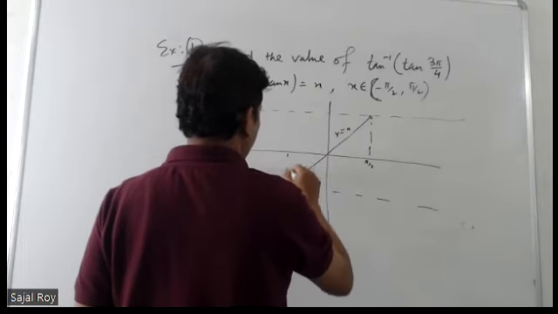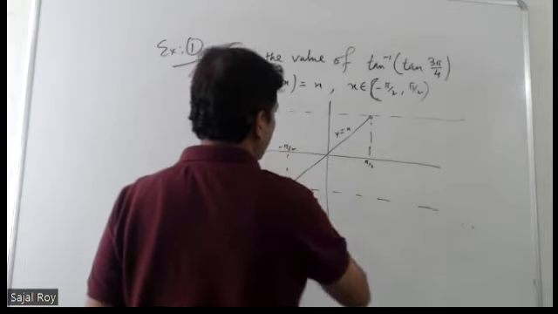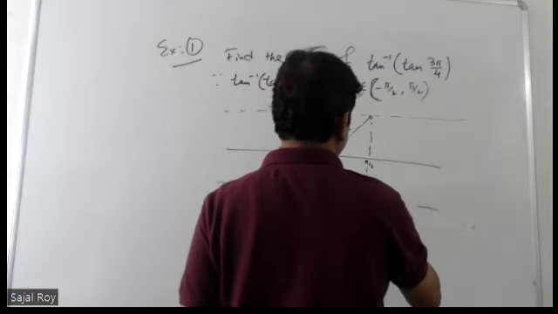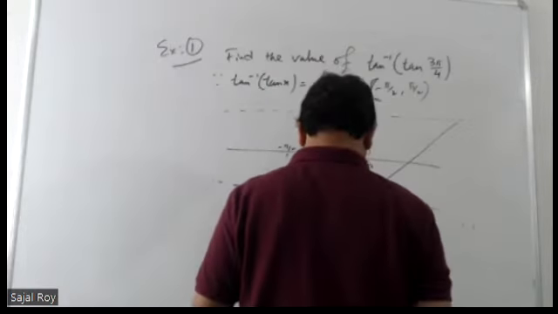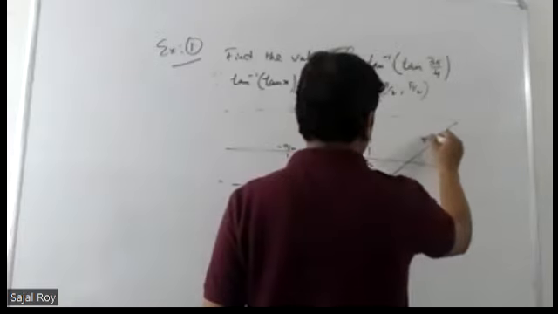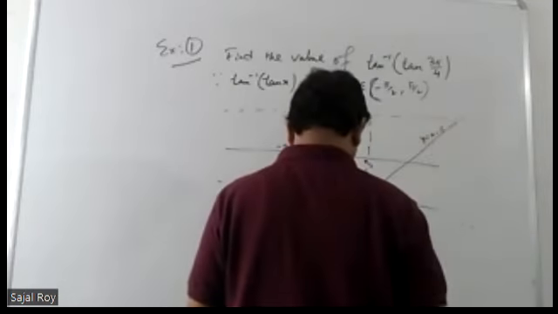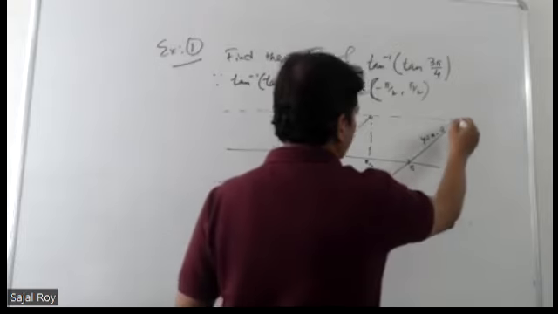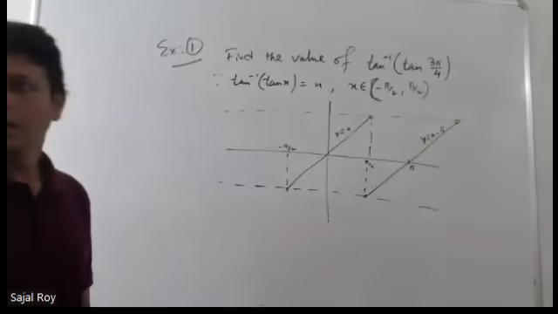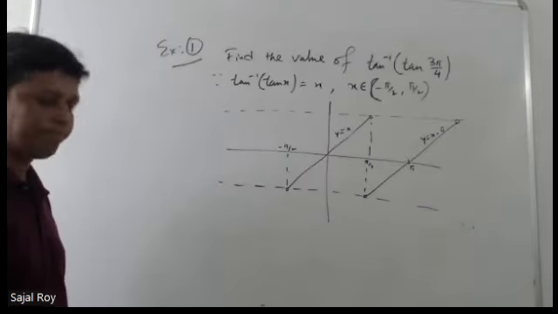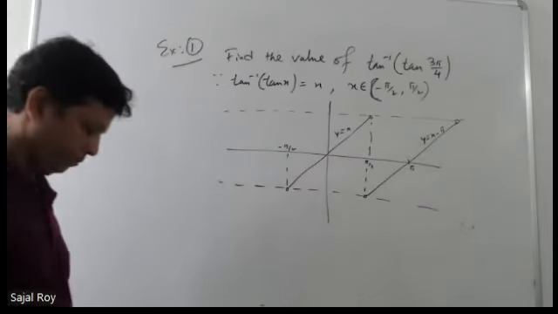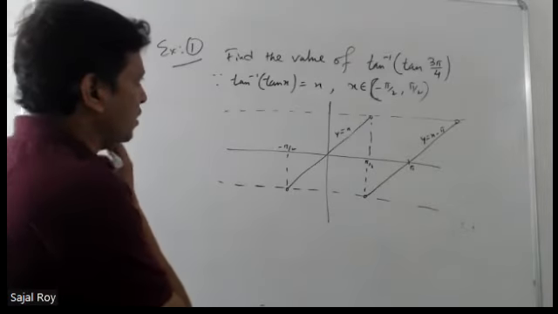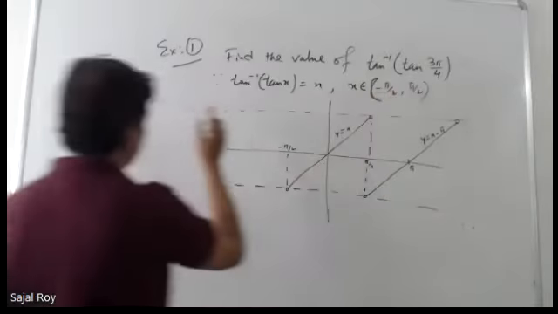This is pi by 2, this is minus pi by 2. And you have y equal to x minus pi, right? 3 pi by 4 doesn't belong to this interval, right?